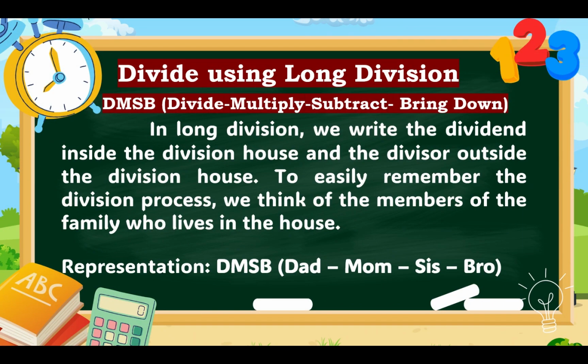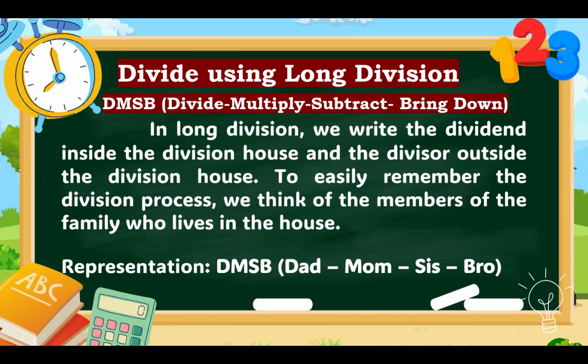Now let's divide using long division. In long division, we have to remember DMSB: divide, multiply, subtract, and bring down. In long division, we write the dividend inside the division house and the divisor outside the division house. To easily remember the division process, we think of the members of the family who live in the house.